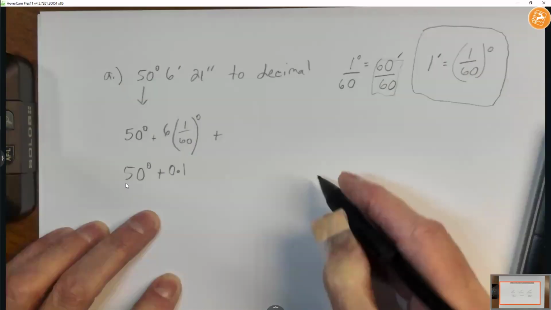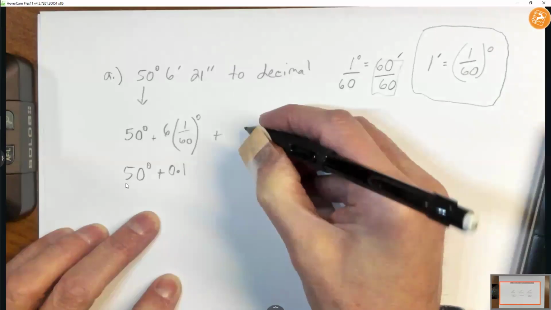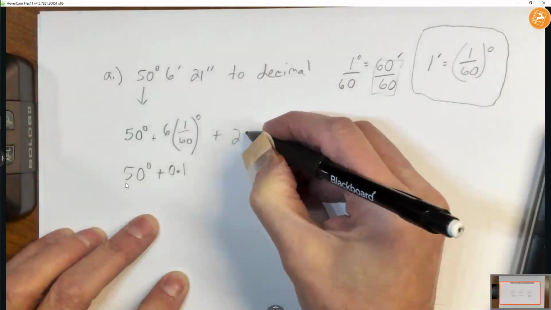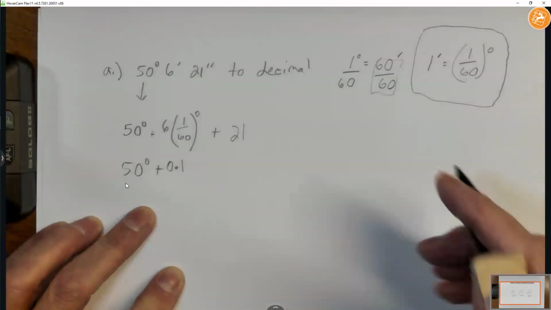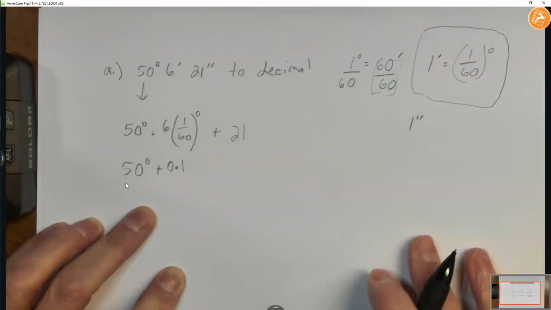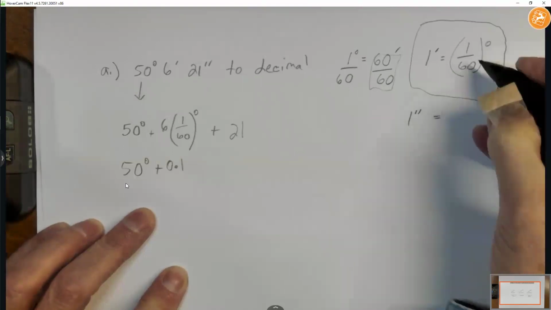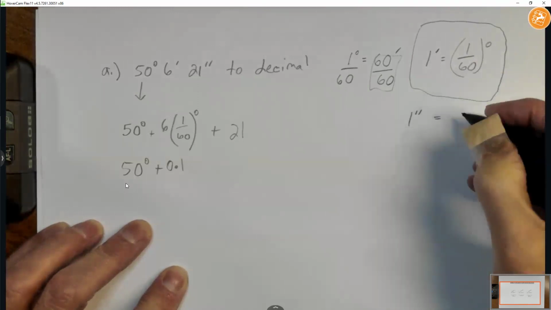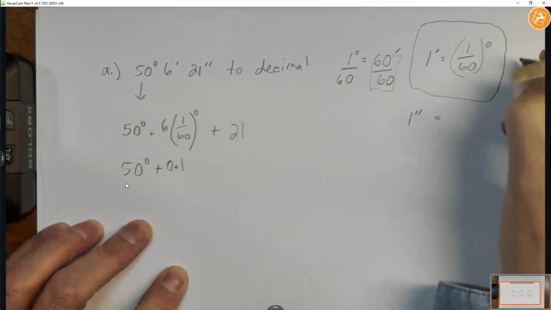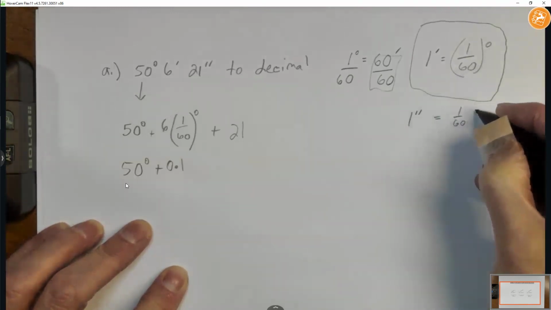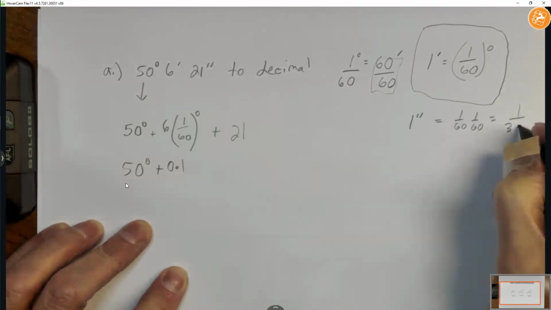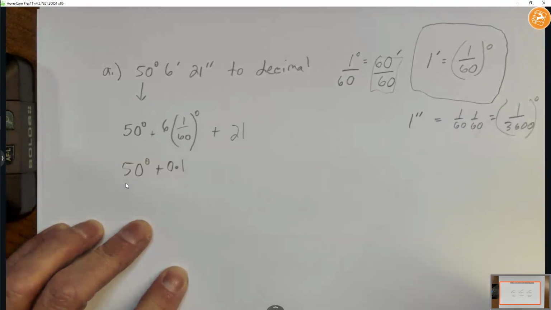We're also adding 21 seconds. Now, what is 1 second equal to? Well, it's another 1/60th of 1 minute, right? So we're taking 1/60th times 1/60th, or 1/3600 in terms of degrees.